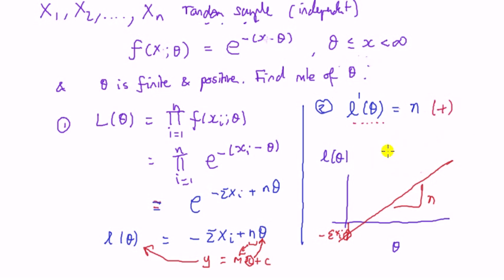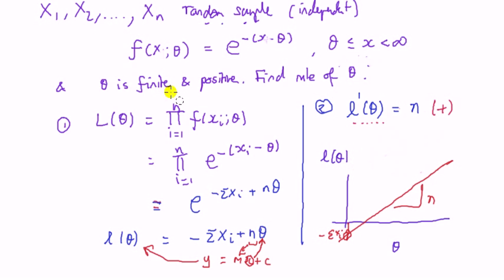So it doesn't look like what I said right at the start of the video, where you can find the turning point and solve. It doesn't look like that at all. The solution is right on the boundary of the parameter space.